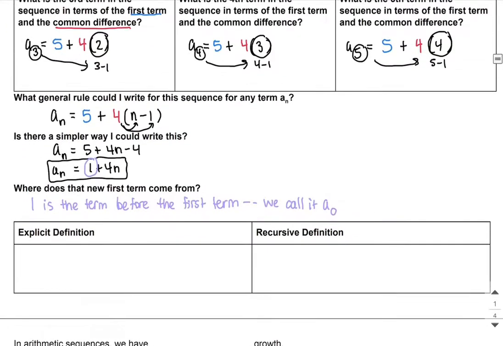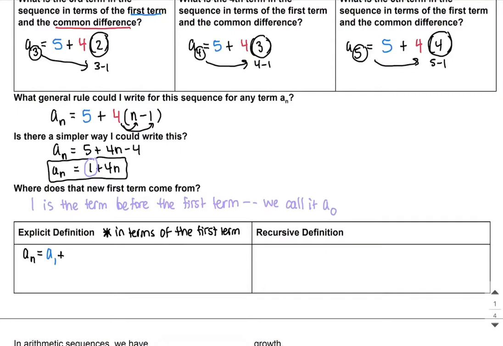Then we have 2 definitions that we can write from for arithmetic sequences. And the one we just found was the explicit definition. It is the definition in terms of the first term. Okay. So our definition would be a sub n. We have 2 different ways we can write this. A sub n is equal to the first term, so a sub 1, which in our case, what we just did was 5, plus our common difference.